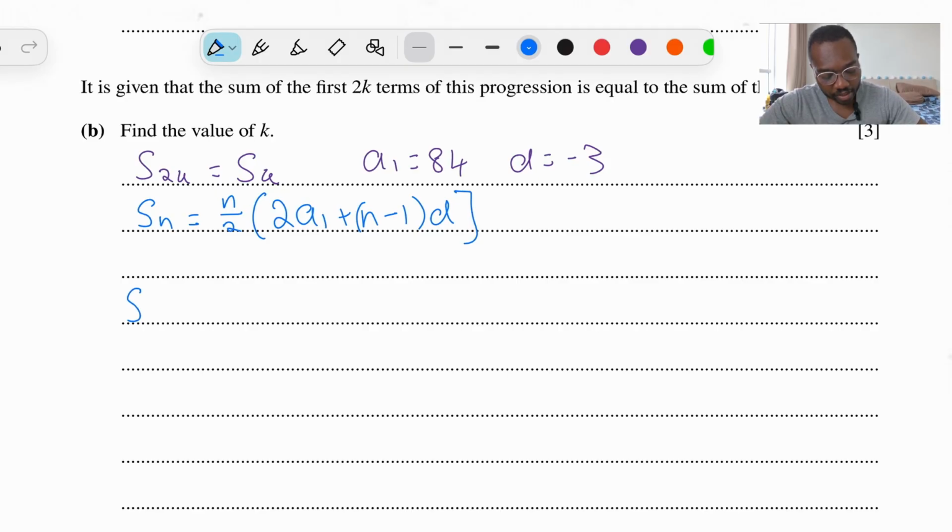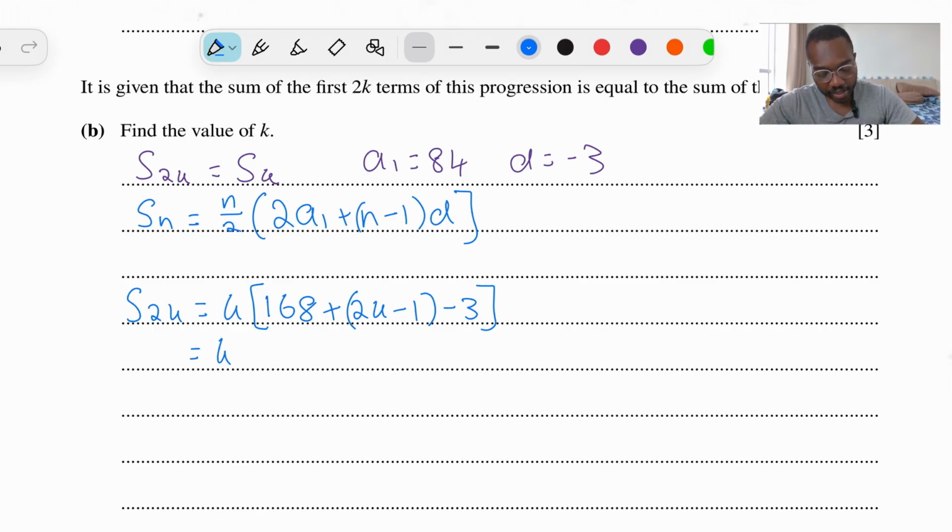So the sum of 2k would be 2k divided by 2, which is just k. And then we would have 2 times a1, that's 2 times 84, which is 168, plus (n minus 1). Remember that in this case, n is 2k, so it would be 2k minus 1, and that would be times d, which is minus 3, okay? Once we've done that, we just need to follow through.